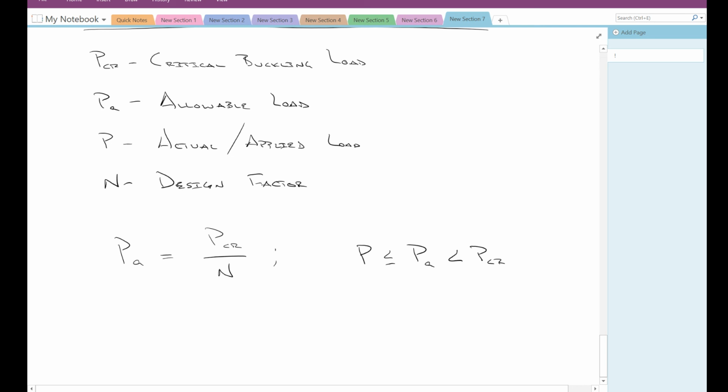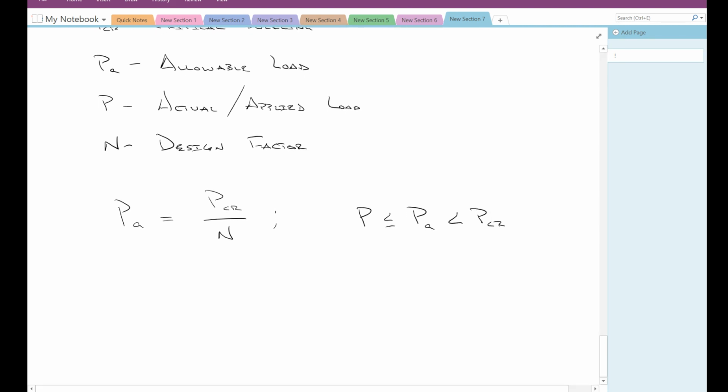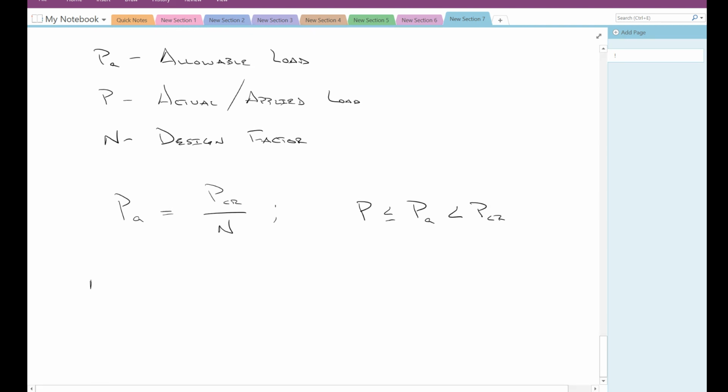Now, for typical machine design applications, a design factor of 3 is used, so N is equal to 3 for typical machine design. And N is equal to 2 for stationary columns. Now, these are general guidelines.